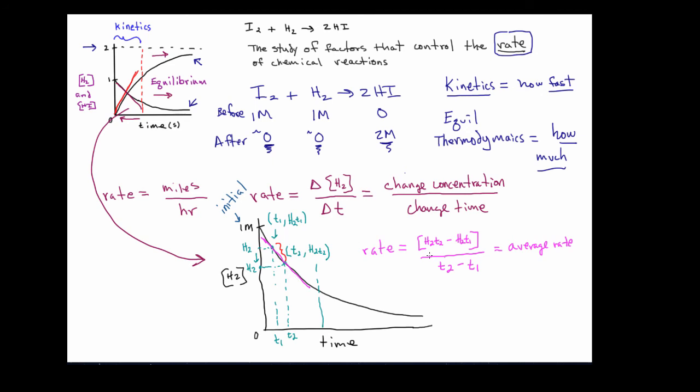Now the average rate that we would have found here, if I actually put numbers into it, is the average rate of this interval. It's not the average rate of any other interval.